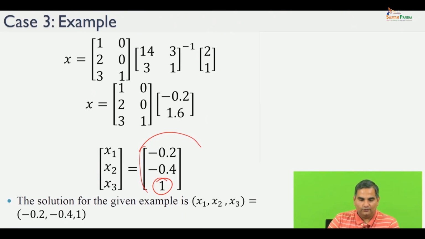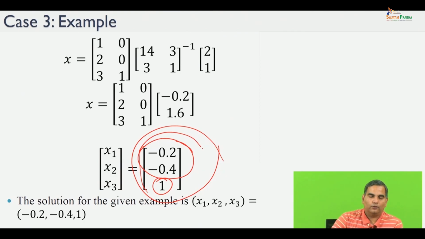Now for x1 and x2, you could have found several numbers to satisfy the first equation after you choose x3 equal to 1. Of all of these, this solution, minus 0.2 and minus 0.4, is the minimum norm solution, or this vector is the closest vector from the origin that satisfies my equation Ax equal to b.